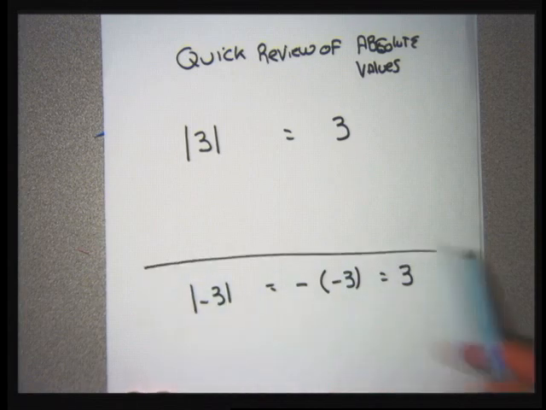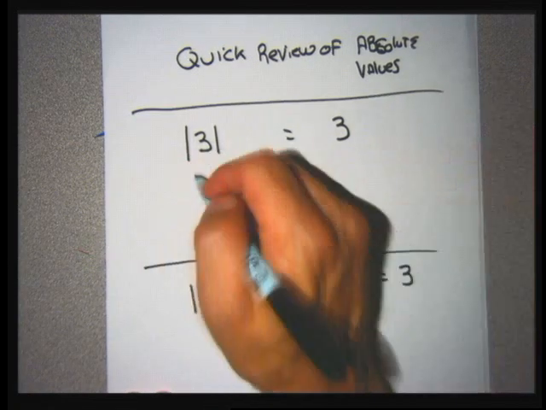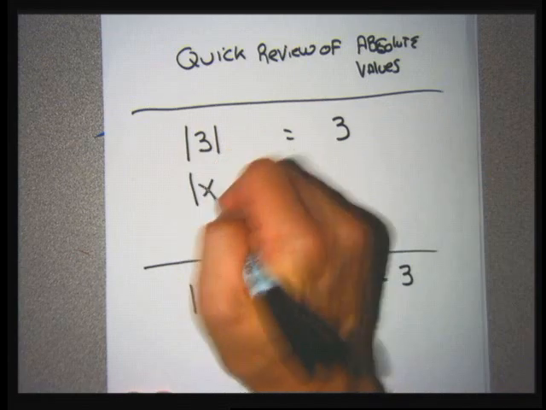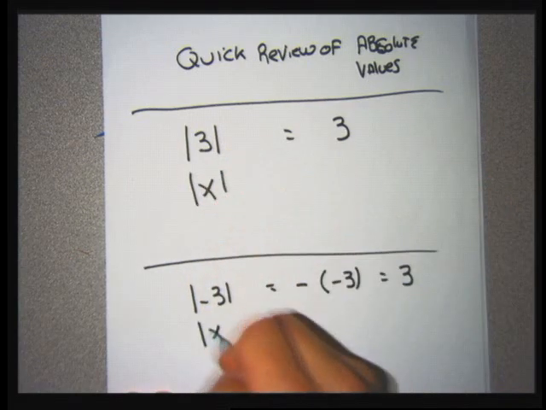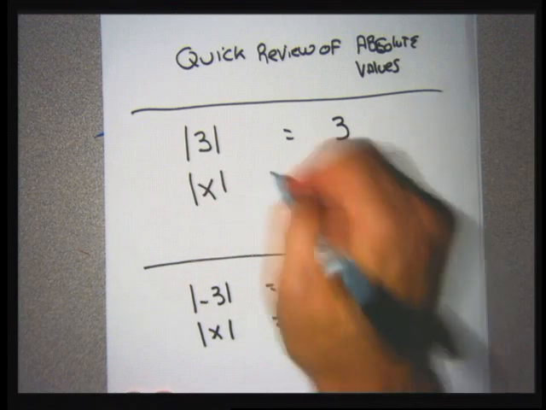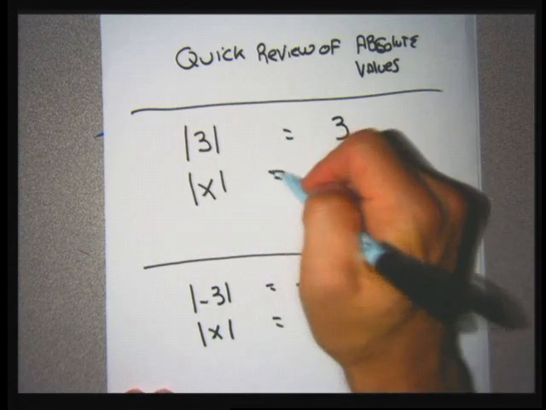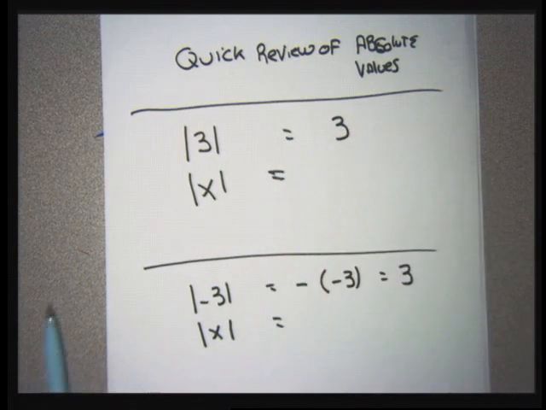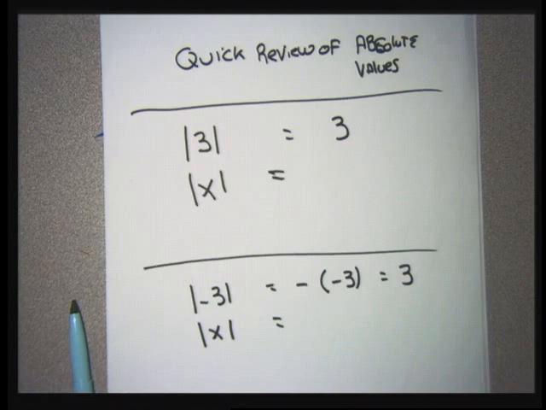So for the absolute value of x, I can't just say the absolute value of x is x. I'd like to say that, but I don't know if x is holding a place for a positive number or if it's holding a place for a negative number.